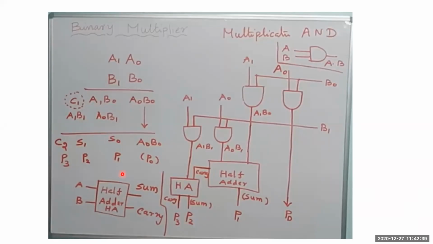So this is a simple, normal binary multiplication. I explained it in terms of A0, A1, B0, B1. You can take it as binary multiplication of 0, 1 or 1, 0. Try to do that in your book and you'll get the same thing. After doing this multiplication, try to draw this diagram. Especially for multipliers, you should be in a position to explain the entire thing and put it in terms of logic structures or the schematic.